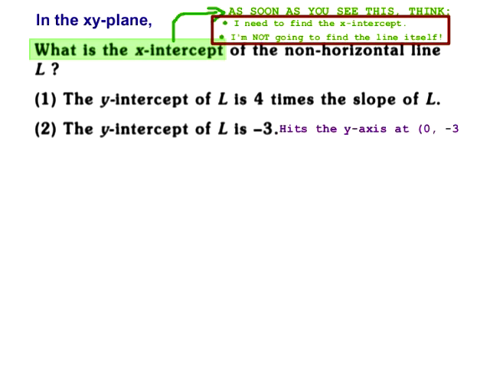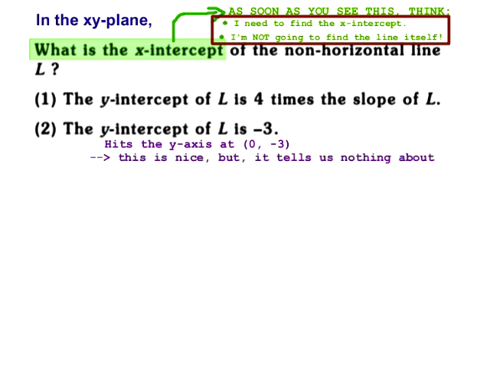But that's nice, but that doesn't tell you where the line hits the x-axis. So this is not sufficient.